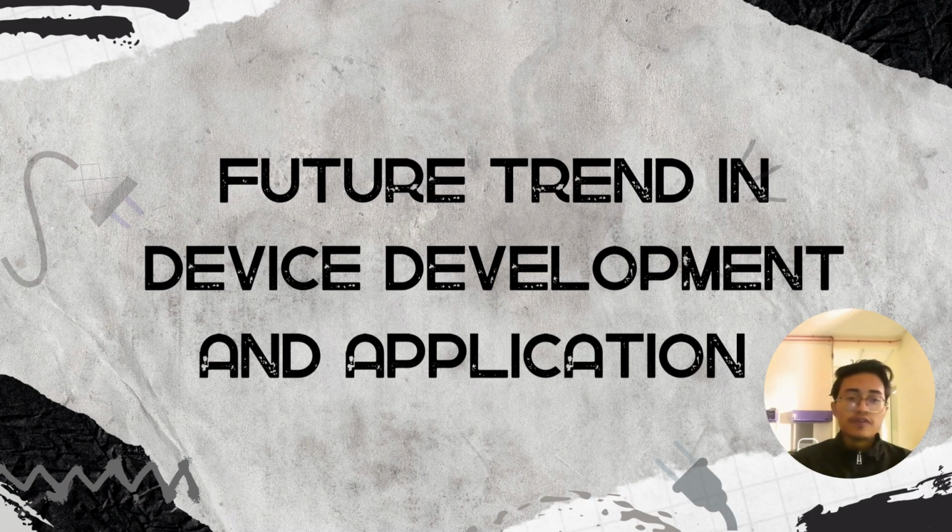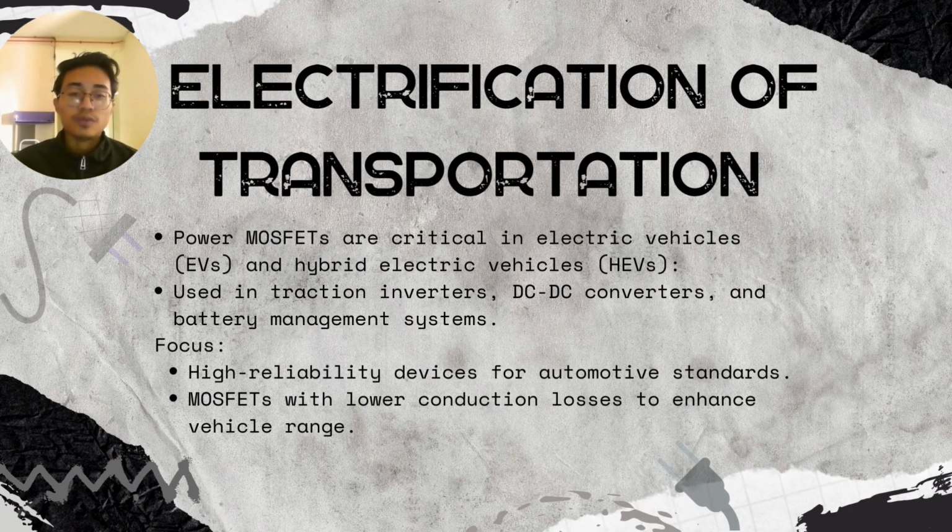Future trends in device development and application for power MOSFET. The first future trend is electrification of transportation. The electrification of transportation, particularly in electric vehicles (EV), hybrid electric vehicles and electric public transport systems, is driving the demand for advanced power electronics. Power MOSFETs play a critical role in this transition thanks to their high efficiency, fast switching, and reliability.